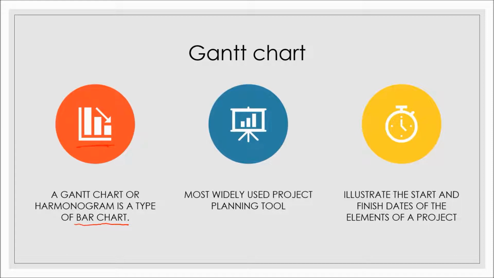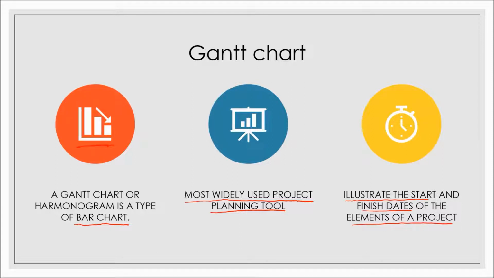We know that we need some planning tools for project management, and the Gantt chart is the most widely used project planning tool. Now this Gantt chart illustrates the start and the finish dates of the elements of the project.